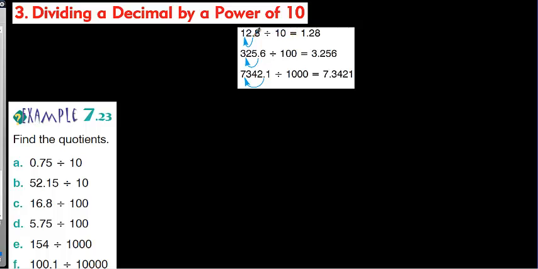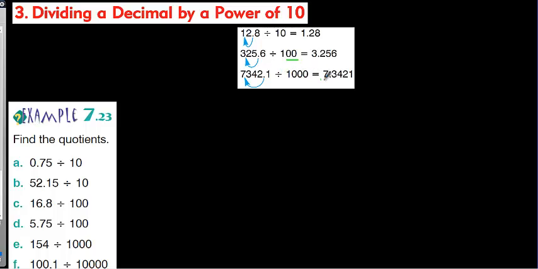If you move 1 unit left, it's going to be 1.28. Or 325.6 divided by 100. There are 2 zeros here, that's why we are going to move the decimal point 2 units left, and it becomes 3.256.